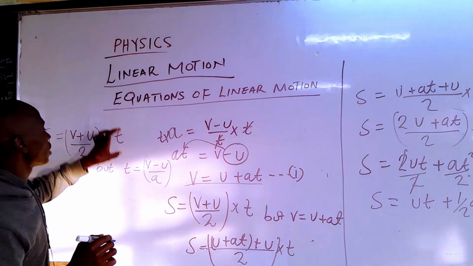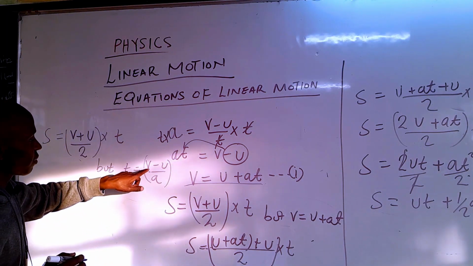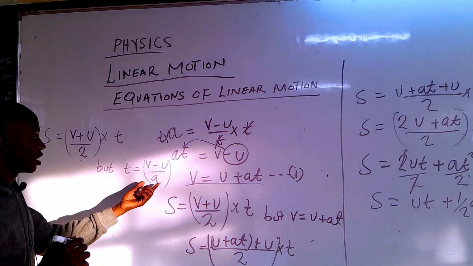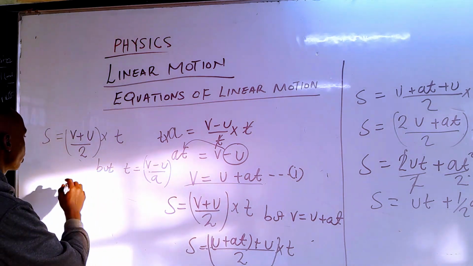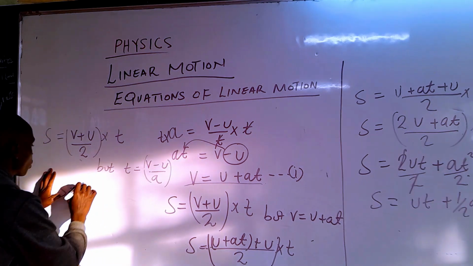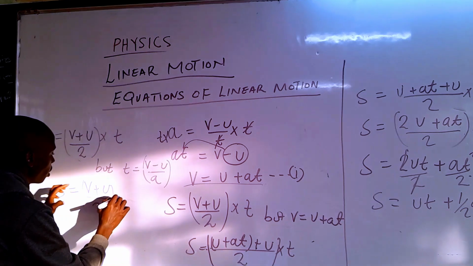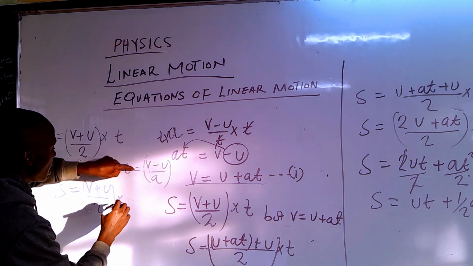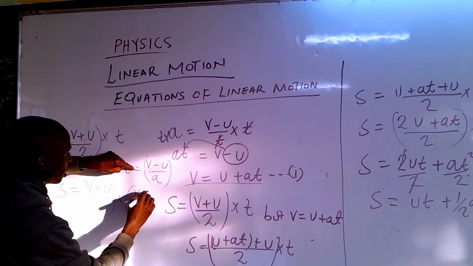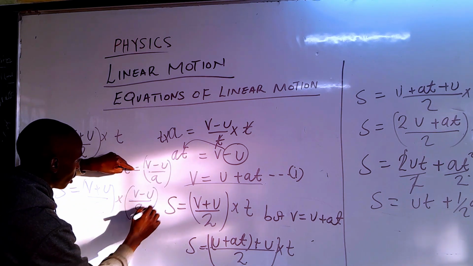So we are going to replace this t with the final velocity minus initial velocity divided by the acceleration. So s will be equal to v plus u divided by 2 multiplied by our t here, which is v minus u over a.